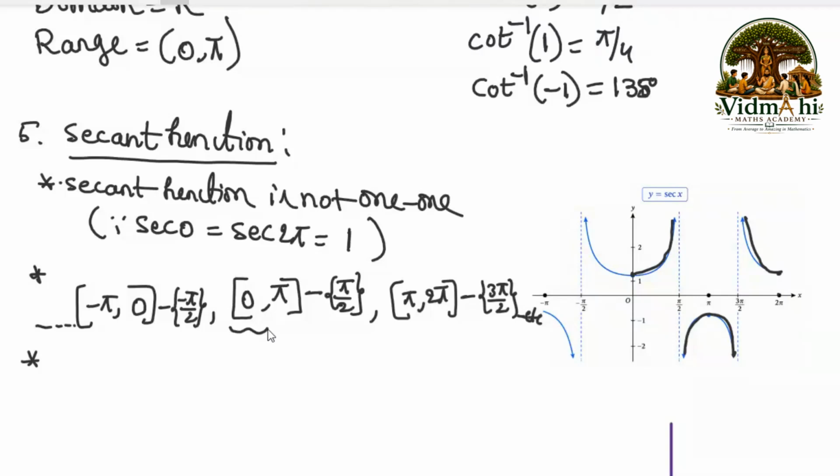But we consider one interval that is considered as the principal value branch. Closed interval 0 comma pi except pi by 2 is the principal value branch.